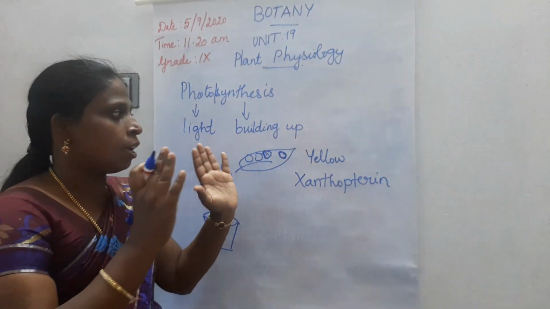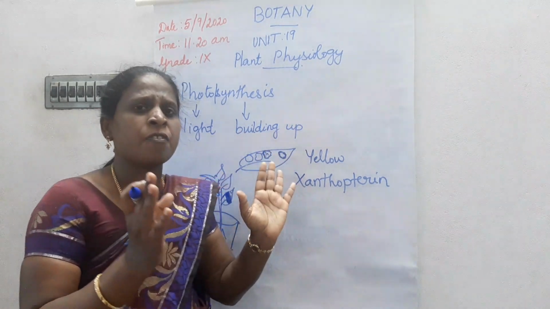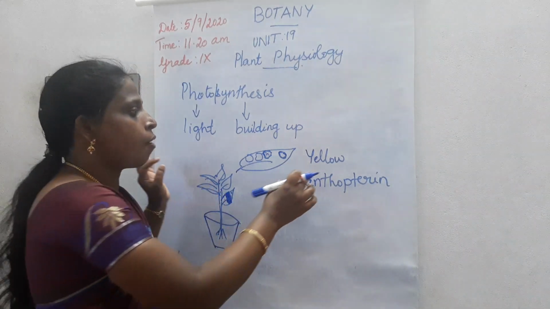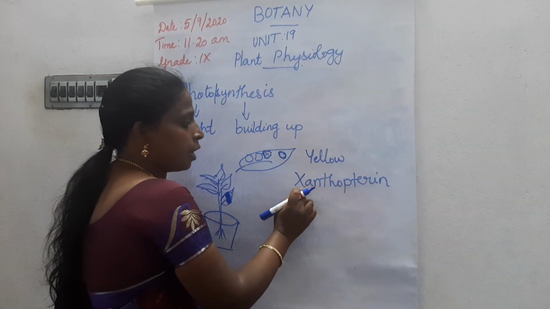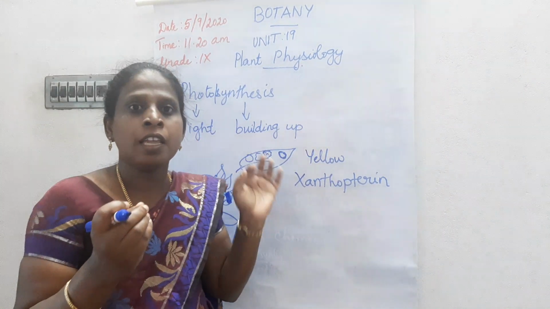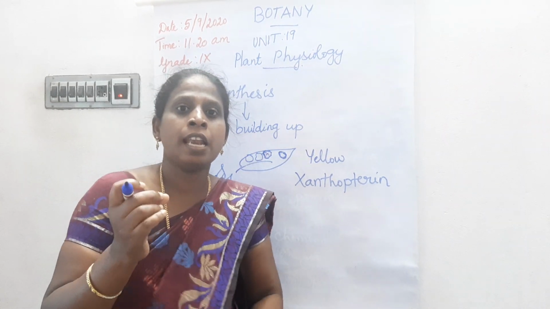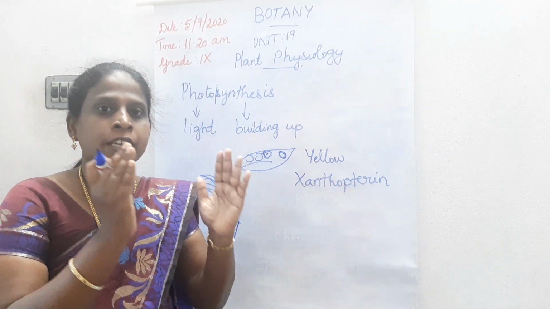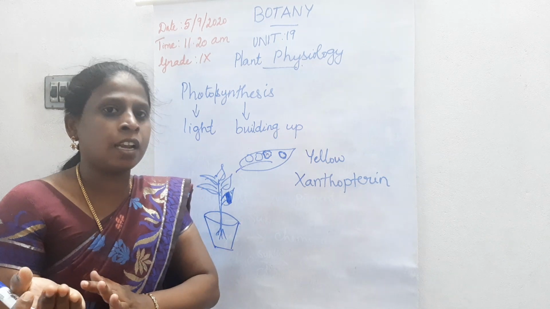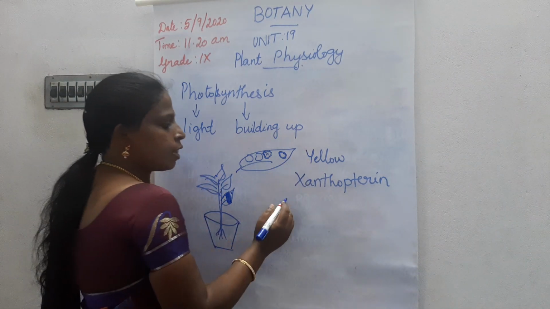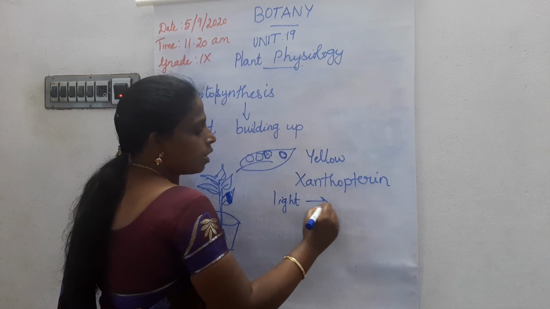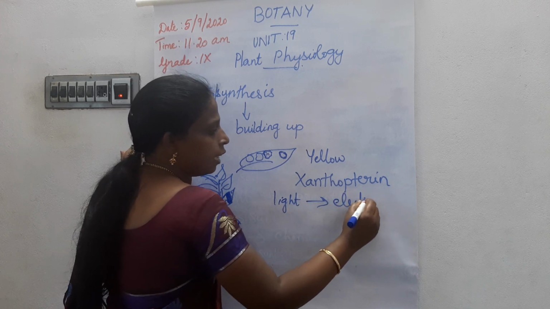The cuticle of the abdomen is very thick, consisting of a stack of 30 layers of the yellow pigment xanthopterin. They are sensitive to light, absorbing the light molecules, and it can be converted into electrical energy. So in this insect, Vespa orientalis, the light energy is converted into electrical energy.